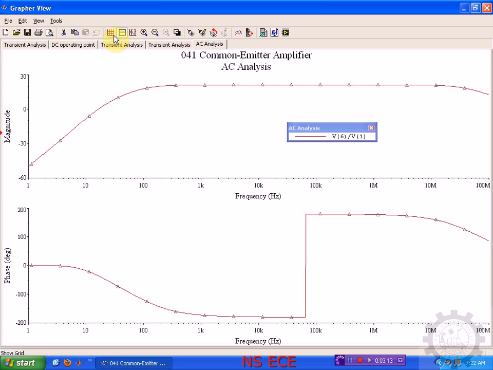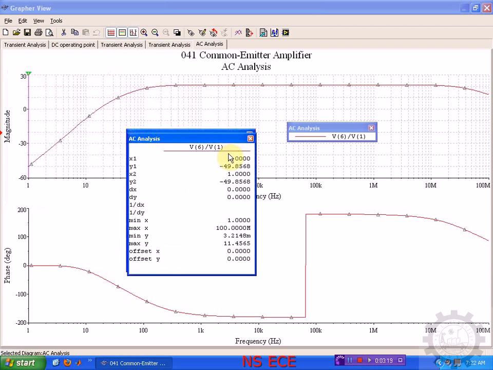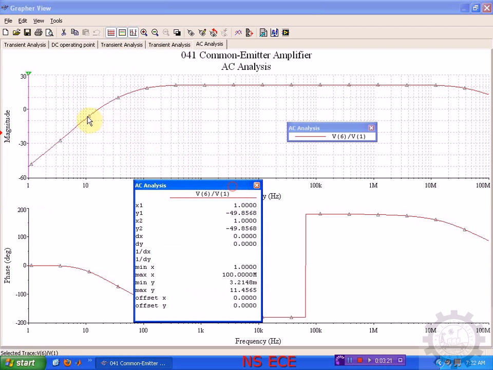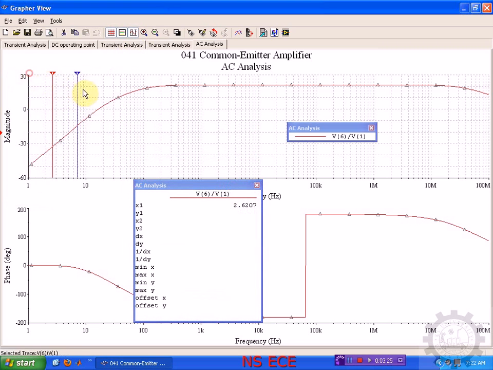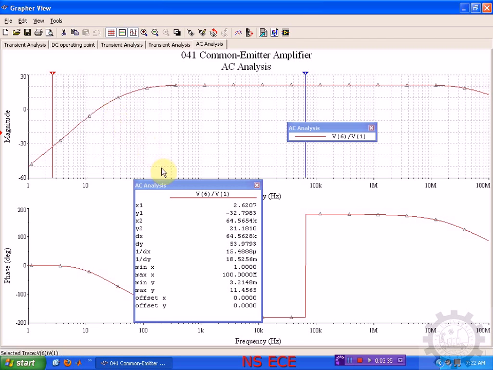You make it inverse, and next, the grid. Next, you select the cursors. When I select the cursors, there are mainly two cursors. So you select the second cursor, right click, and go to next Y max in the positive direction.